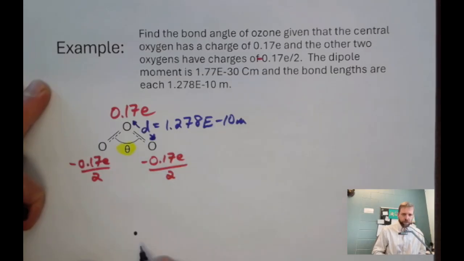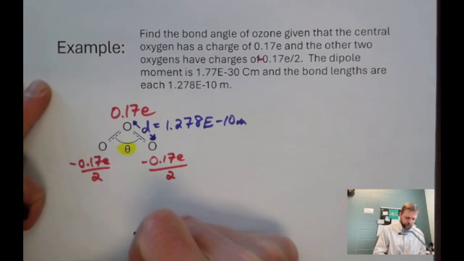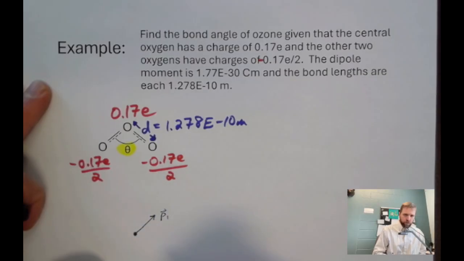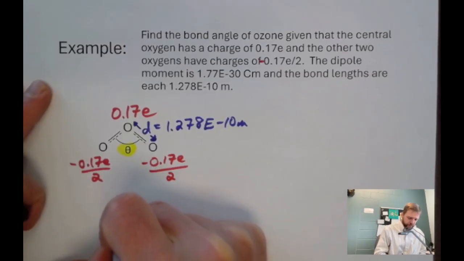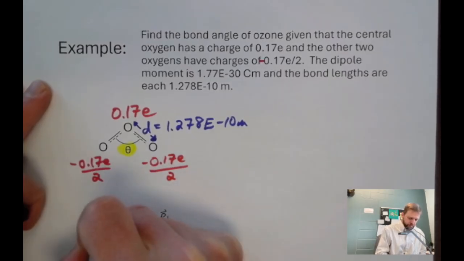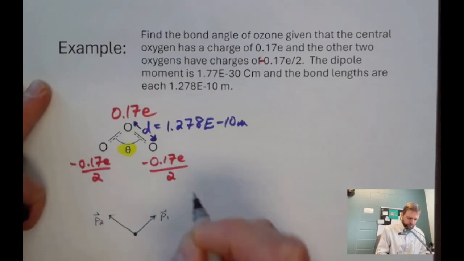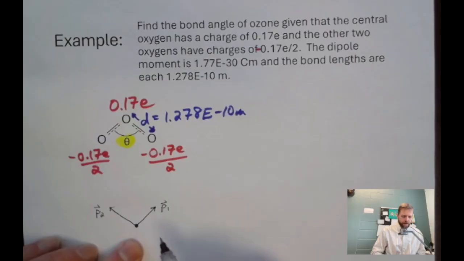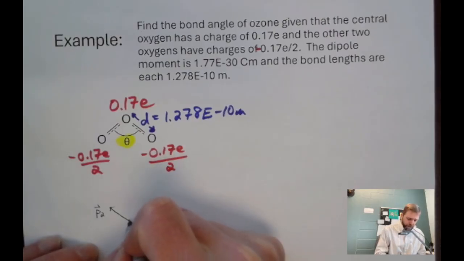This is the central oxygen, and there are two dipoles. One of them is in this direction, we'll call this P1, and the other is in this direction, this is P2. These are separated by the unknown, which is the angle theta.